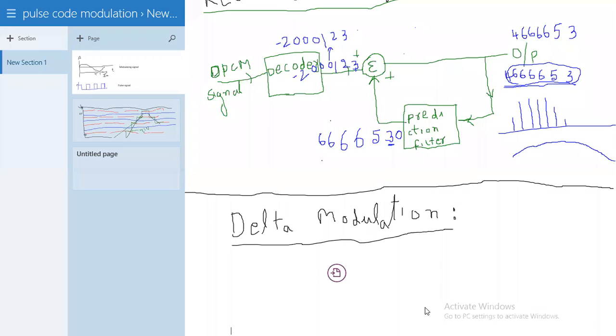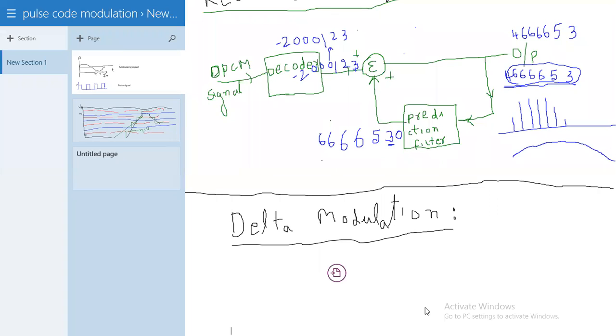So how can we reduce that signaling rate? How can we reduce the transmission bandwidth in delta modulation? In delta modulation, for each sample we have to transmit only 1 bit. One sample is nothing but one symbol.